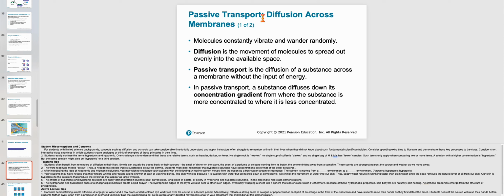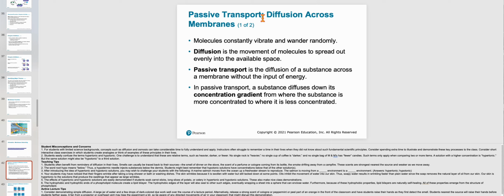What does that mean? It's going from high concentration to low concentration. That's down the concentration gradient. So we have two things on our paper so far: passive does not use ATP, and it goes from high to low, which is down the concentration gradient.